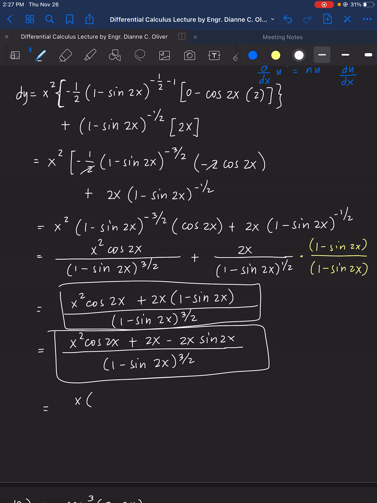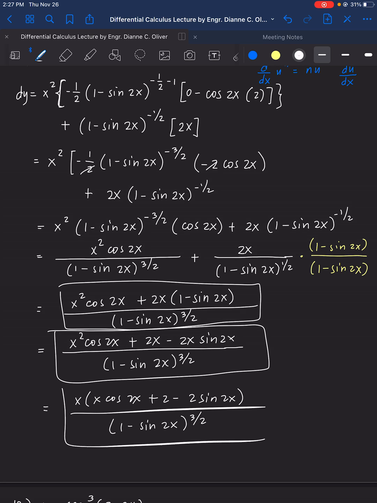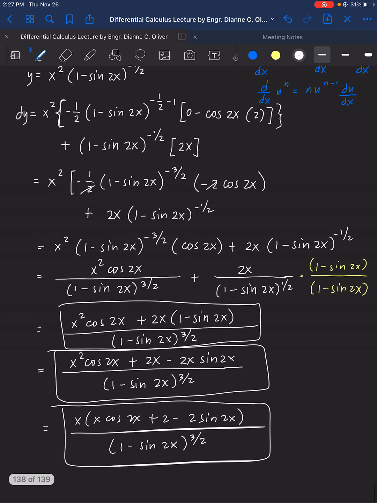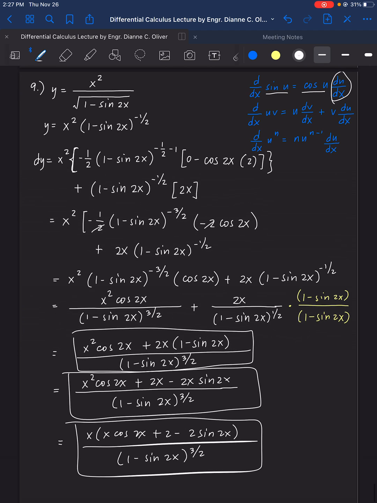So x cosine 2x plus 2 minus 2 sine 2x, still you can use this as an answer. Okay, so this is example number 9.